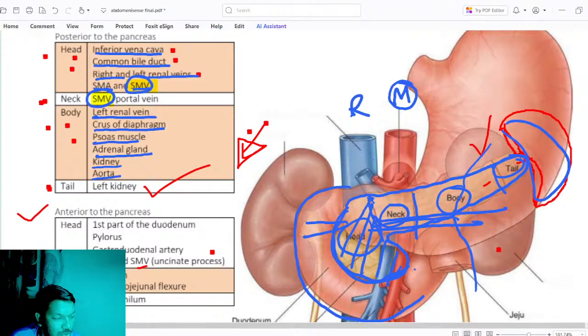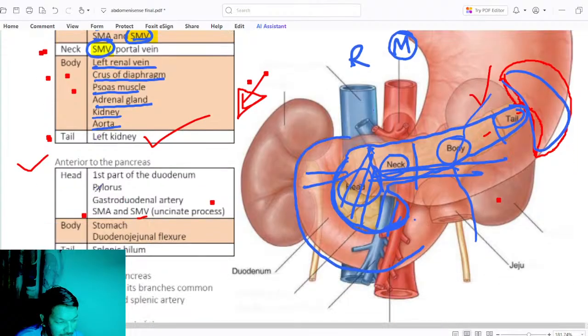So left kidney only. Right kidney will not come in any relation with pancreas. Now anterior to pancreas, head: first part of the duodenum, pylorus of the stomach, gastroduodenal artery, superior mesenteric artery.